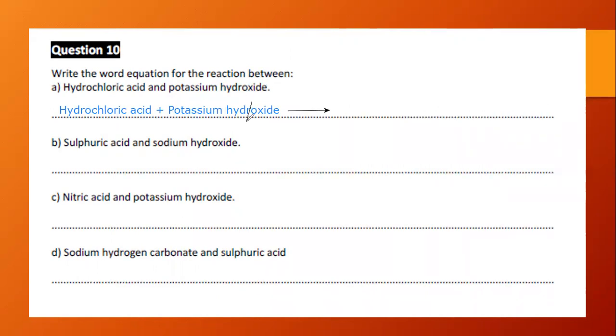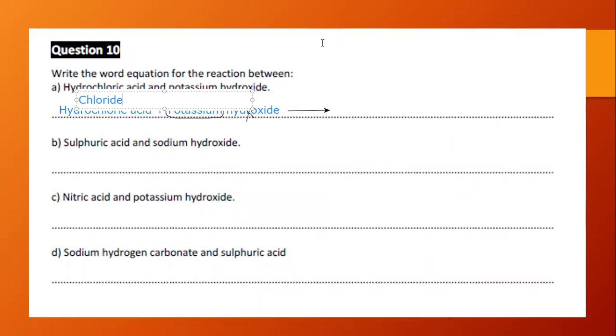So I don't care about the word hydroxide. I care about this one. And this is the one that I will start my salt name with. What about the second part? In the table, we said that if the acid used is hydrochloric acid, we are going to use the word chloride. This will be the name of the second part of your salt.